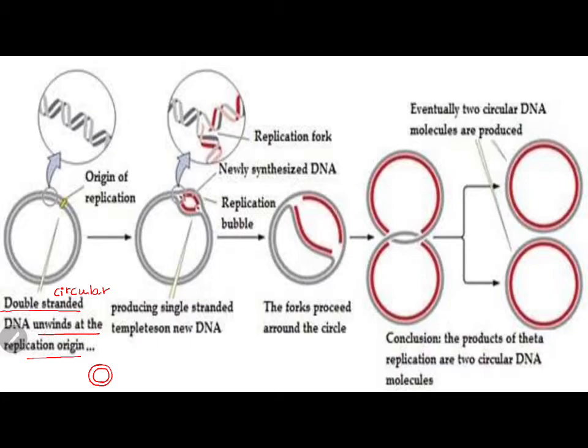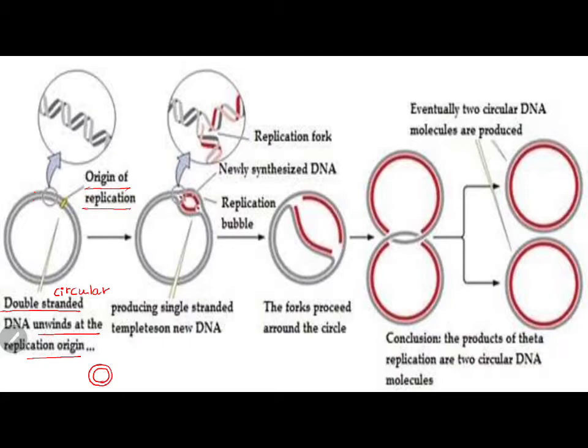Then at one particular point, it starts replicating. Now please carefully understand me. There were two strands. You can imagine one bangle into the other. Two strands, isn't it? Now where the replication starts, you can see the origin of replication, where we see this green band.